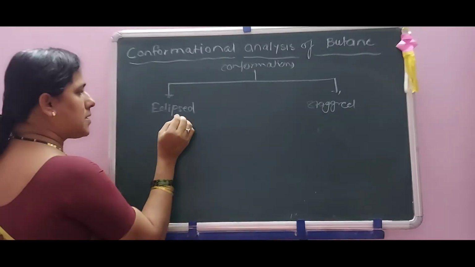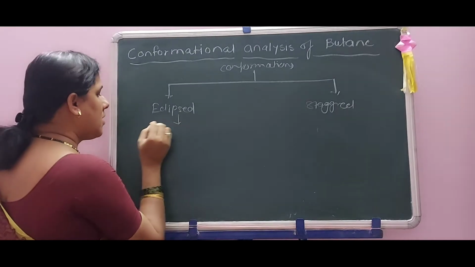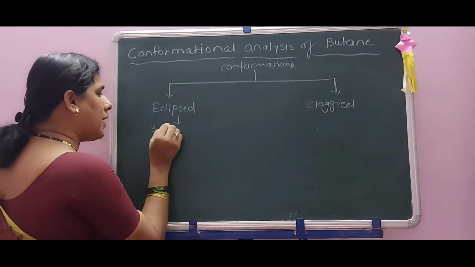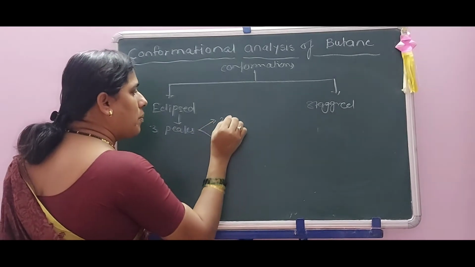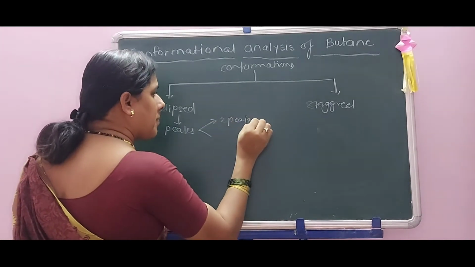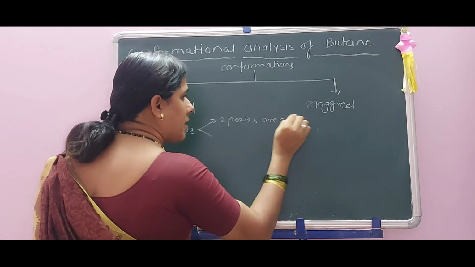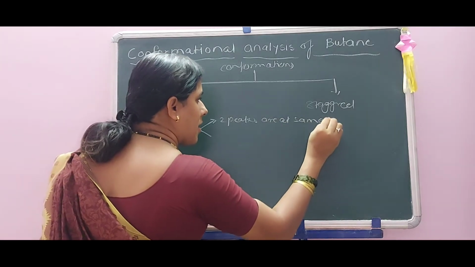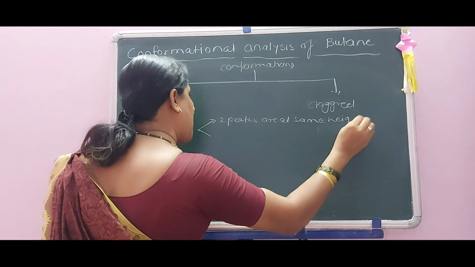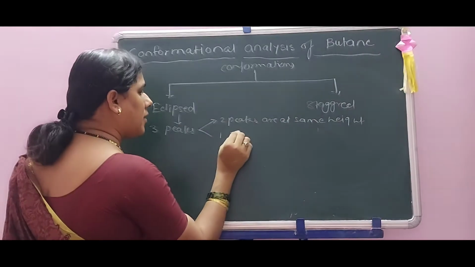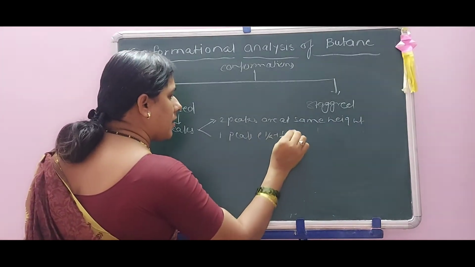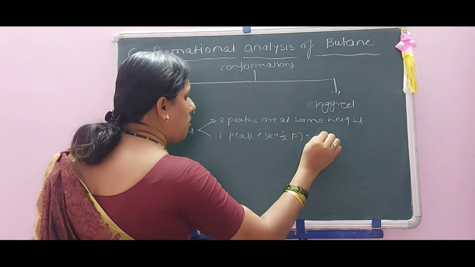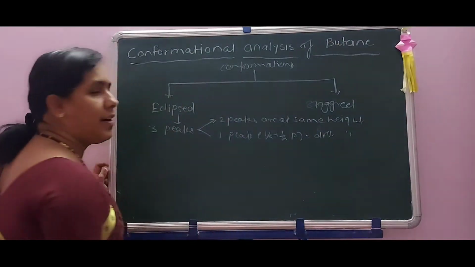Okay, in eclipsed, how many peaks? There are 3 peaks. Out of them, 2 peaks are at the same height, and 1 peak is equal to half plus half, at a different height.